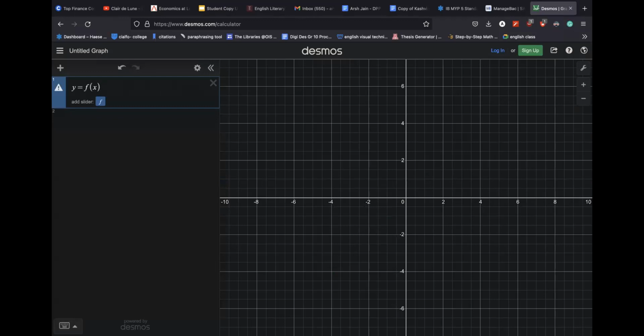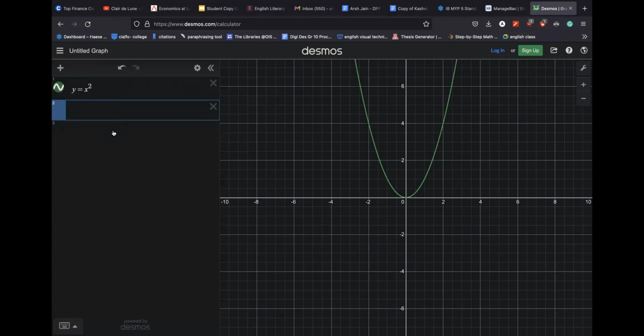You do y is equal to x. Just write y is equal to x. Okay. Now go to the next line, or write x square. That will be a better one. You'll see the changes properly.